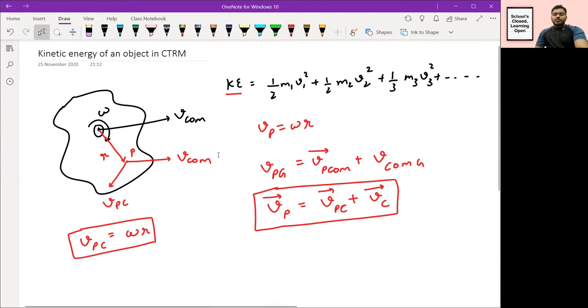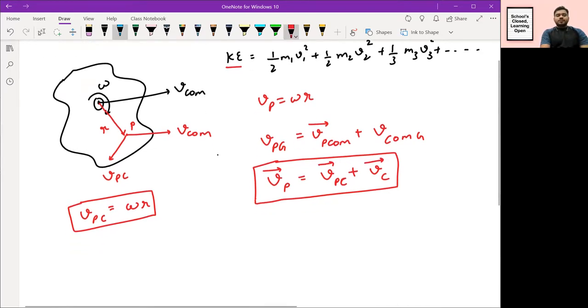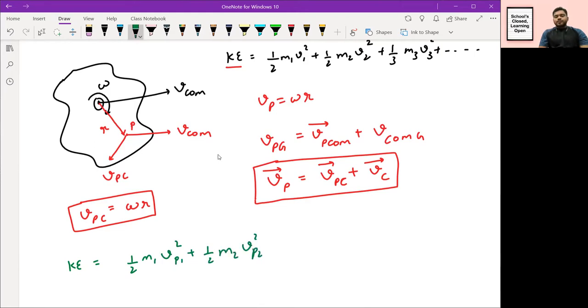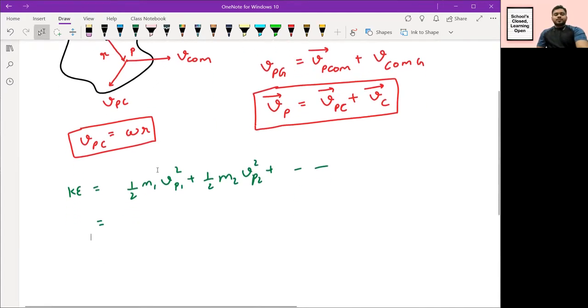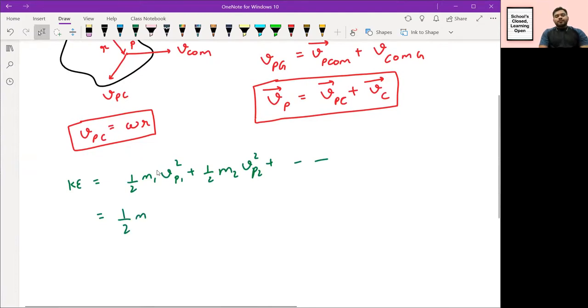Now we are going to write the total kinetic energy. So kinetic energy of the entire object will be half m1 v1 square, that is Vp1 square, plus half m2 Vp2 square, plus so on, right? Let's do it. Half m1 (Vp1c plus Vc) square.